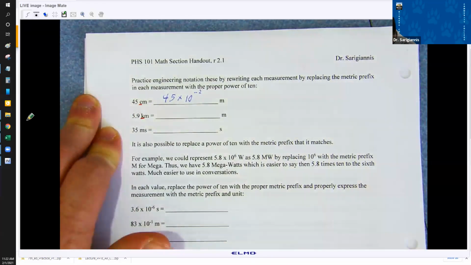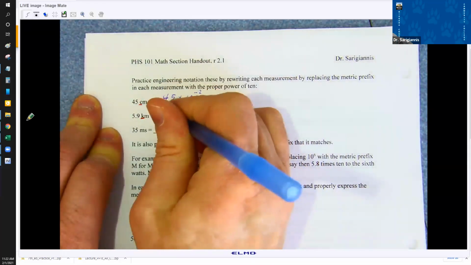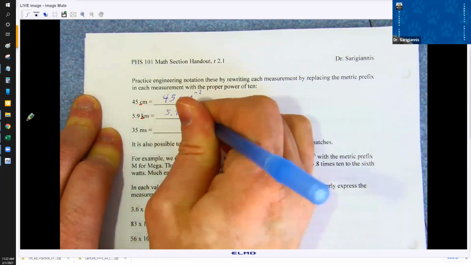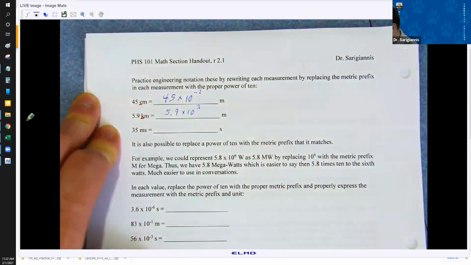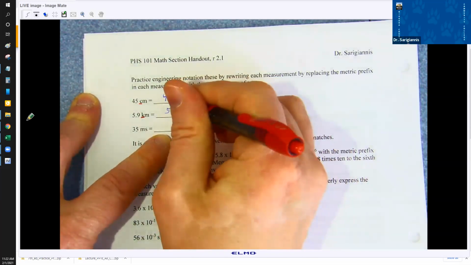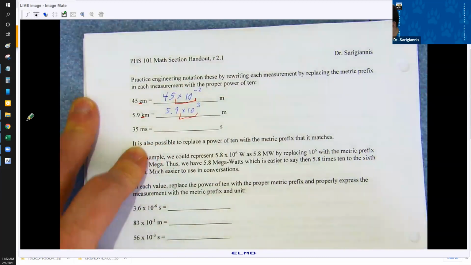So I'm going to replace this with 5.9 times 10 to the third meters. This is the prefix. Should underscore those.